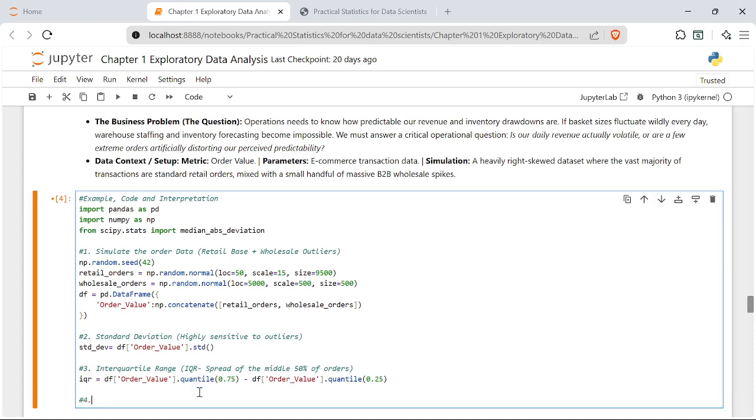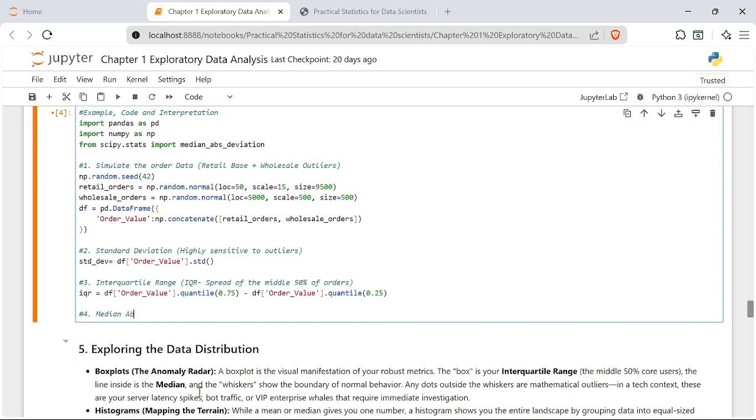Number 4, median absolute deviation, or MAD, the most robust spread metric.